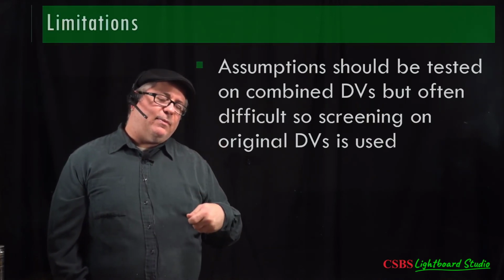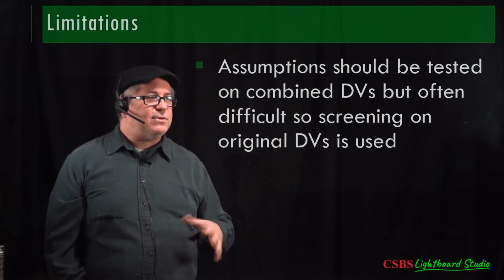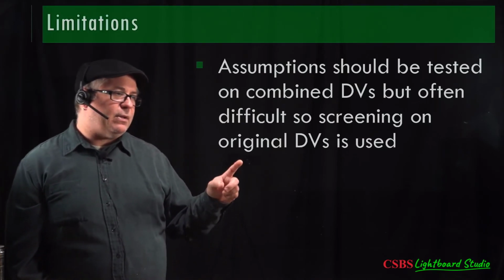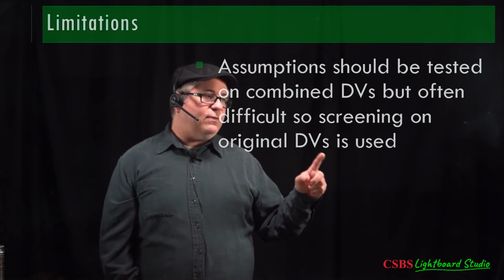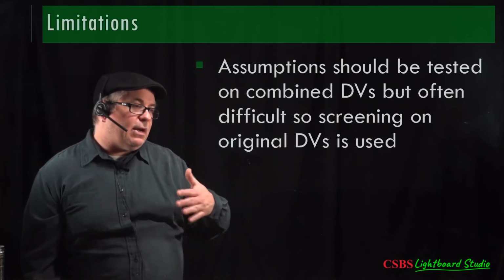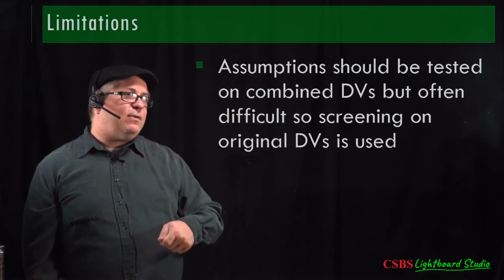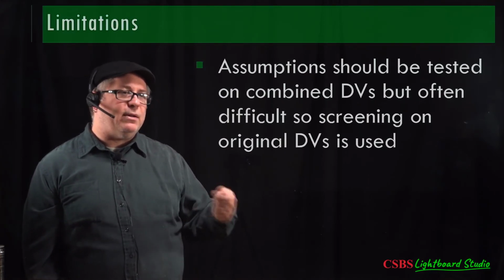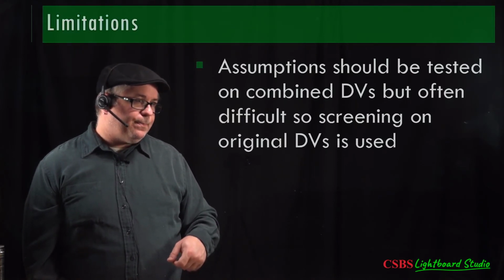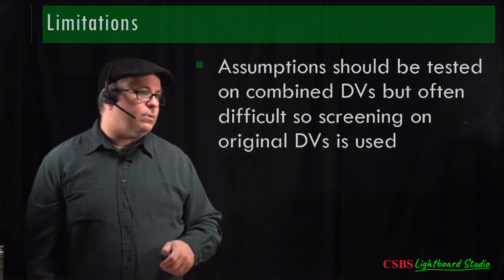But sometimes those tests just aren't readily available. So they often revert back to using each individual DV and testing the assumptions there. And there's then another layer of assumption, which is, well, if it's fine at the univariate level, then hopefully combined, it's all fine as well in terms of multivariate. It's not always the case, but at least it's better than doing no testing and no assumption checking whatsoever.